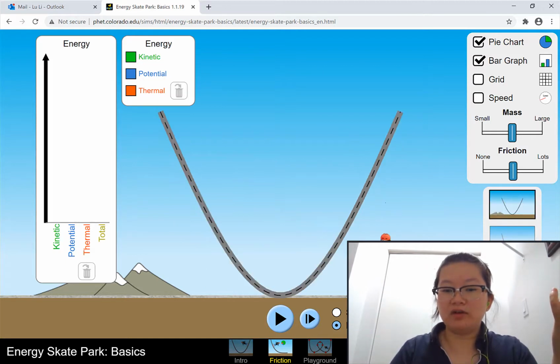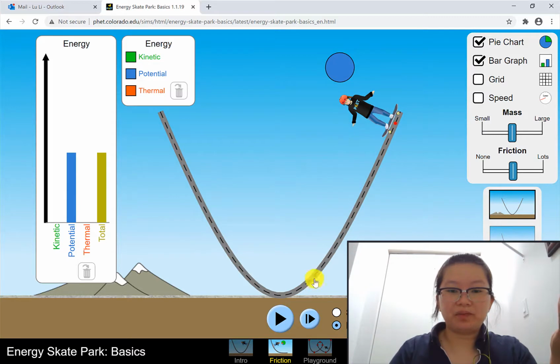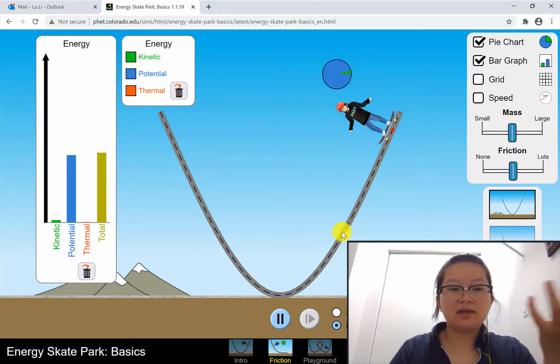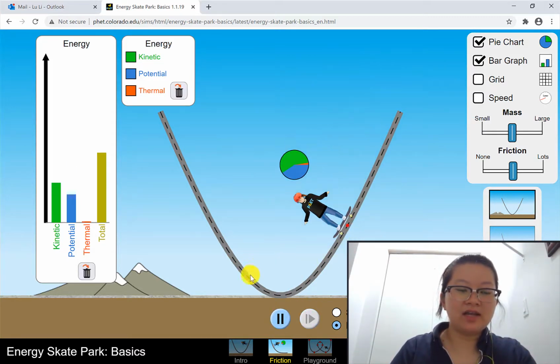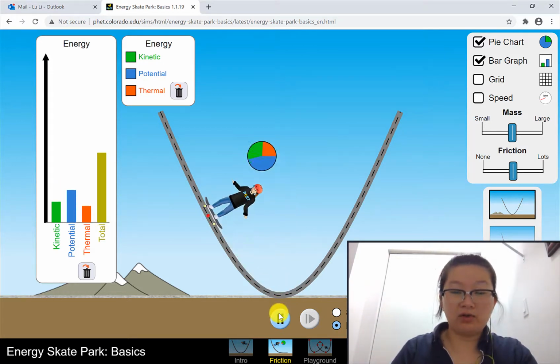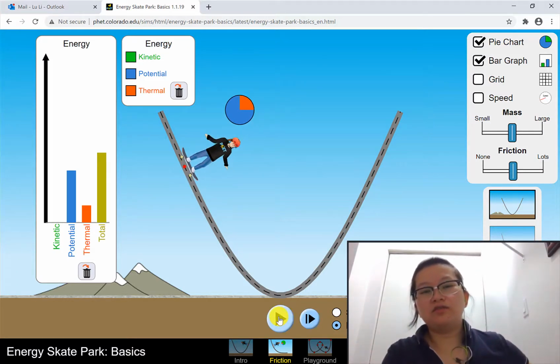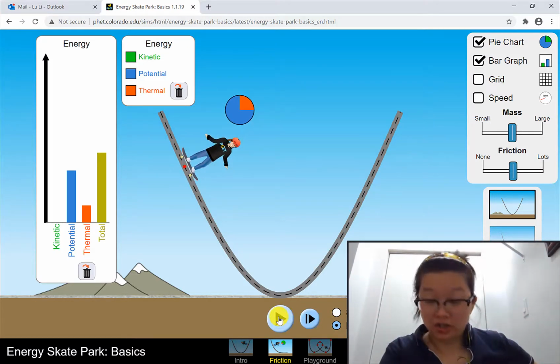So here I have a skateboarder. If I put him on a skate park, drop him or whatever, his potential energy is converted to kinetic, but then some of that energy is lost in the form of thermal energy. So the non-conservative force in this case would be friction, for example.